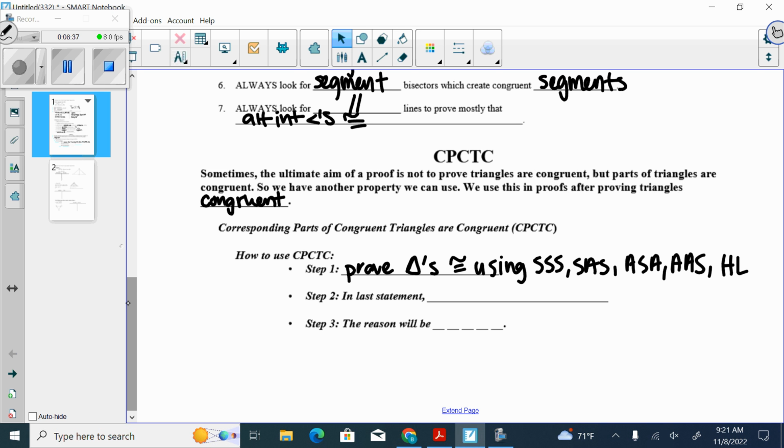Once you have proven that your triangles are congruent, whatever piece it wanted you to prove is congruent, that is what you're going to put as your next statement. So in your statement column, you will state which corresponding parts are congruent.